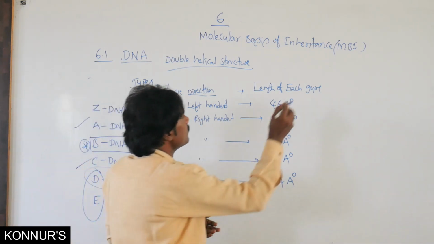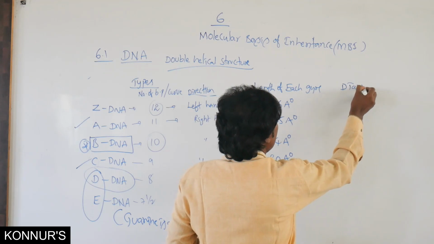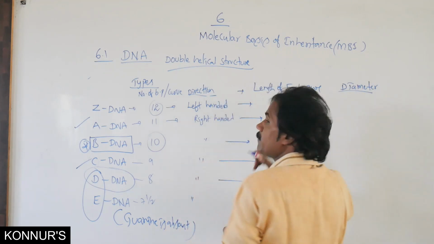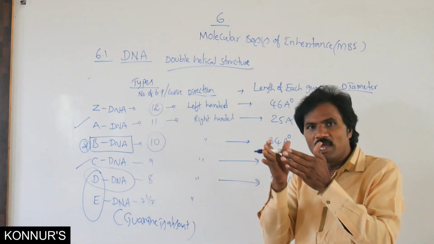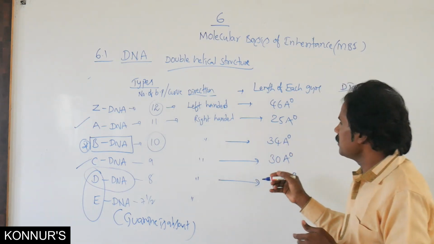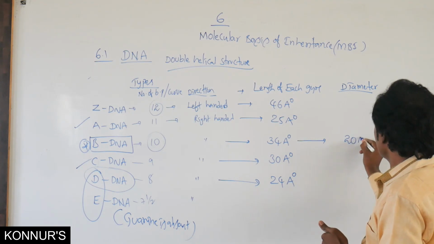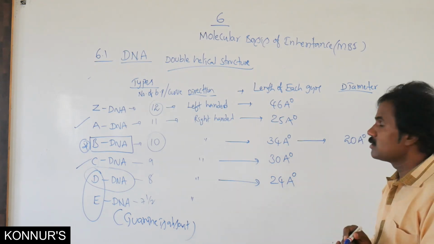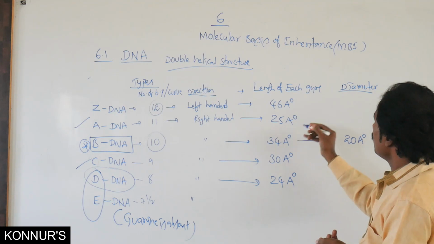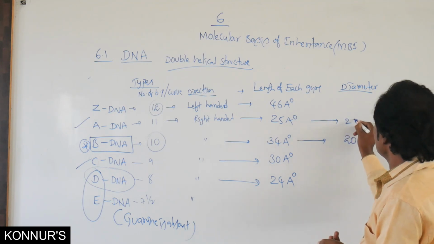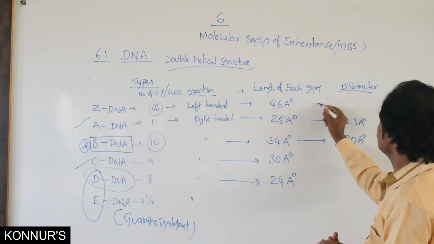What is the diameter between the two helices? What is the diameter in B DNA? The diameter is 20 angstroms. Then here 23 angstroms.